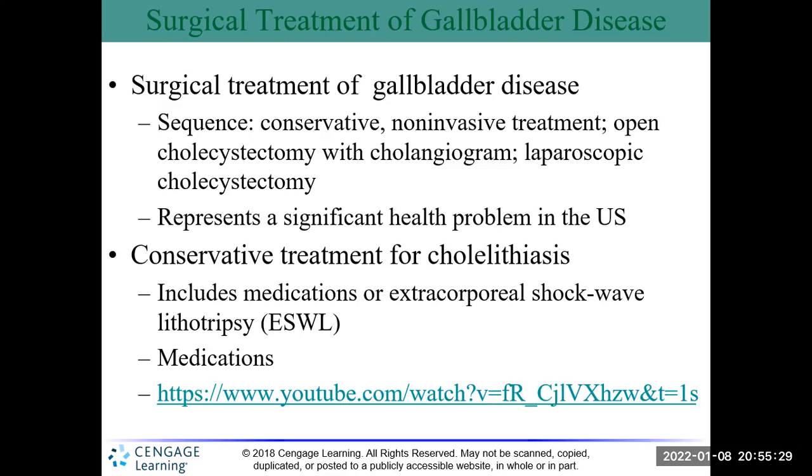The ESWL is a really great and effective treatment, and medications are provided as well, because this procedure can be painful, and sometimes medication is helpful in the dissolving of those stones.